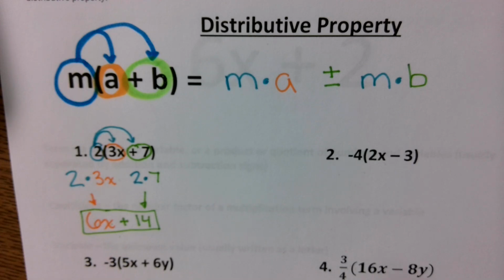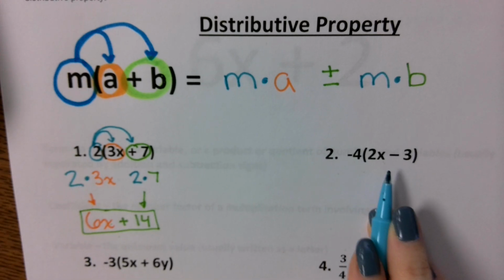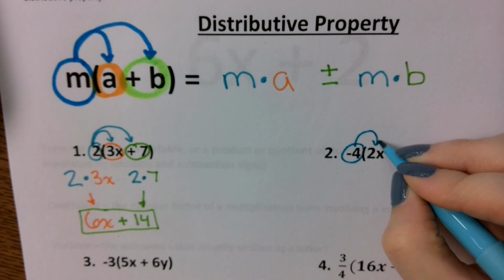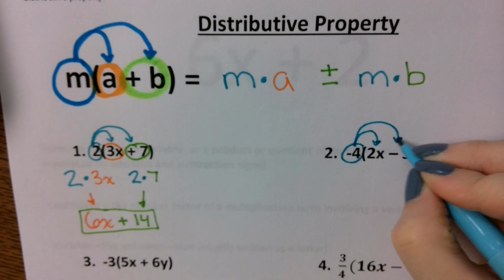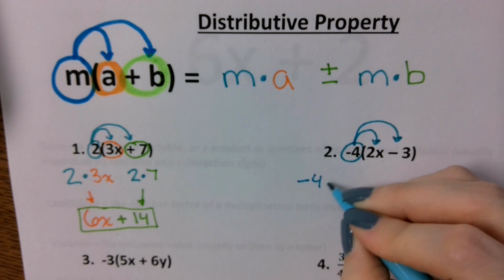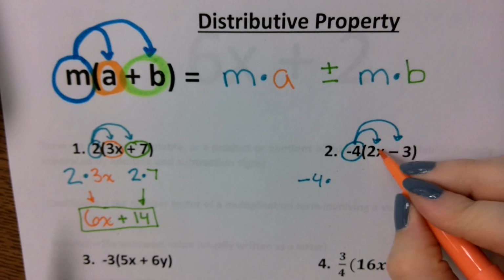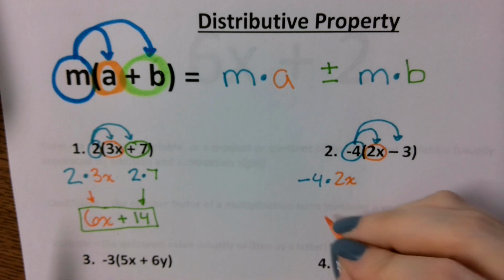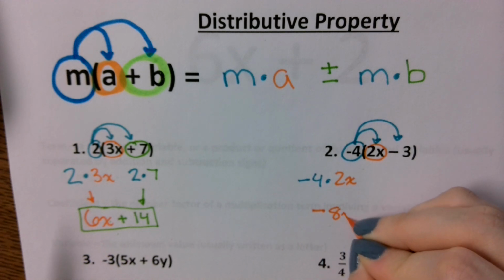Okay, it might seem silly that I keep indicating, be careful about those signs, because when you get to a situation like here, a lot of kids mess up with distributing when there's a double negative. And here's what I mean by double negative. I know negative 4 is going to get multiplied to that first term, which is a 2x. Negative 4 times 2x is negative 8x.